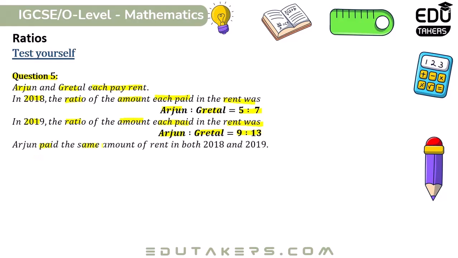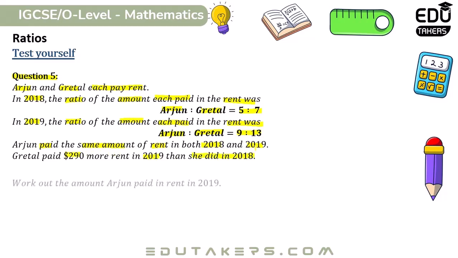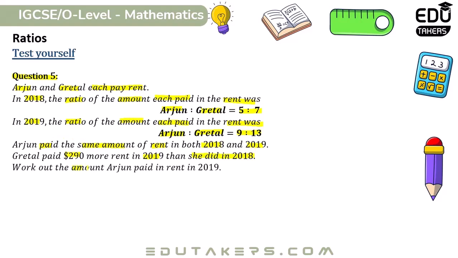Arjun paid the same amount of rent in both 2018 and 2019, and Gretel paid $290 more rent in 2019 than she did in 2018. Work out the amount Arjun paid in rent in 2019. It's a 4-mark question.